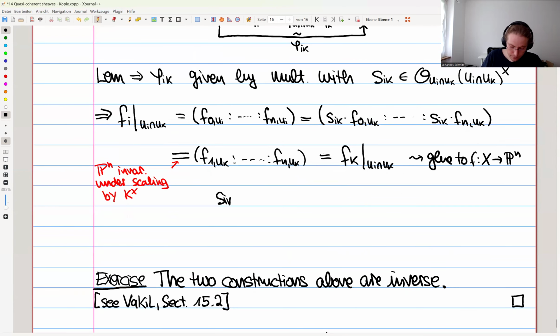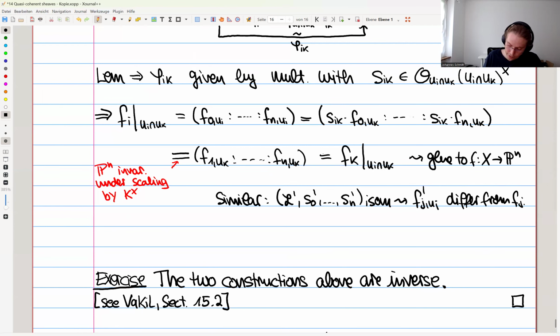And similarly, if you recall, there was this notion of isomorphism. So if we have an isomorphic collection of data here, then all these functions f_j(u_i) prime cooked up from this differ from the f_j(u_i) without a prime by a common factor s_i.